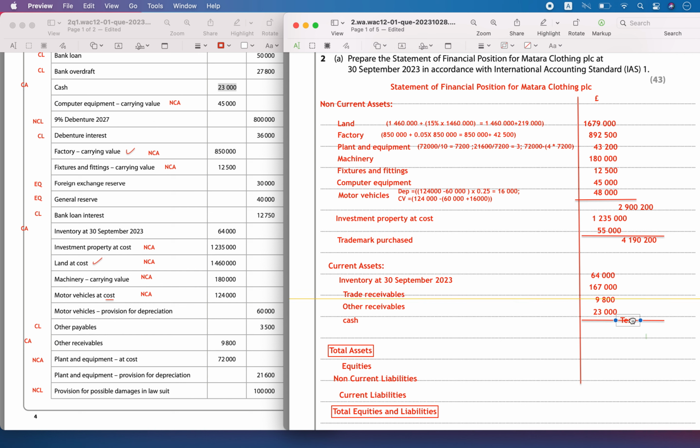So 190,200 plus 263,800 is going to be equal to 454,000.